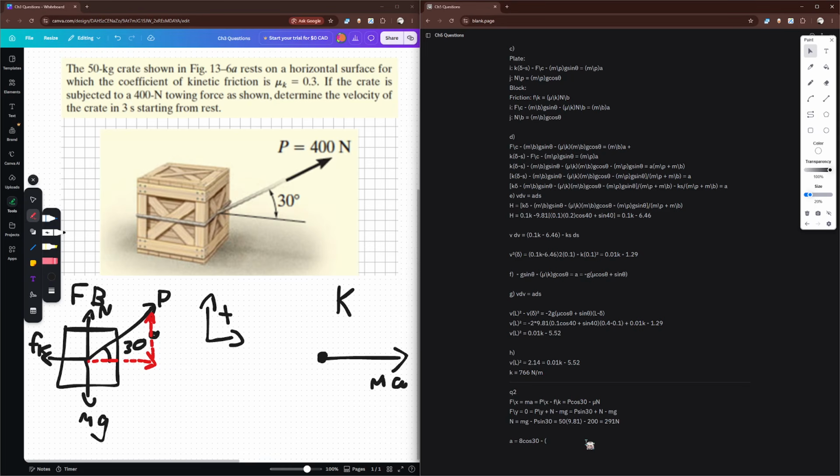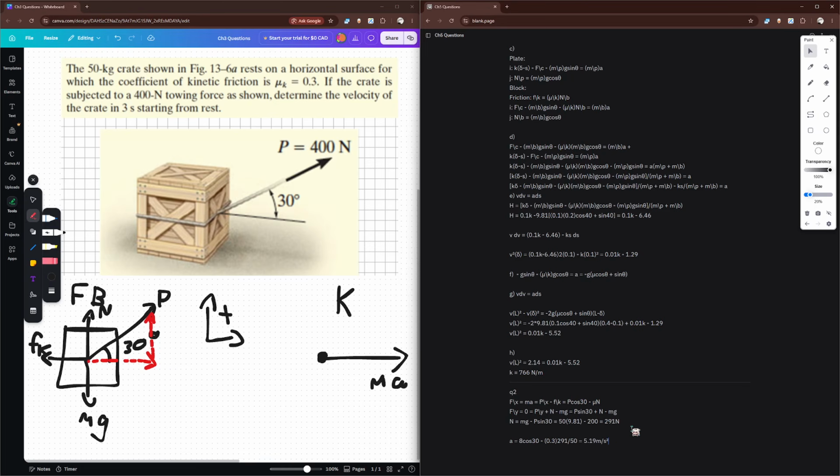Okay, I don't know what that is off the top of my head. Let me see. That gives us an acceleration of 5.19 meters per second squared.